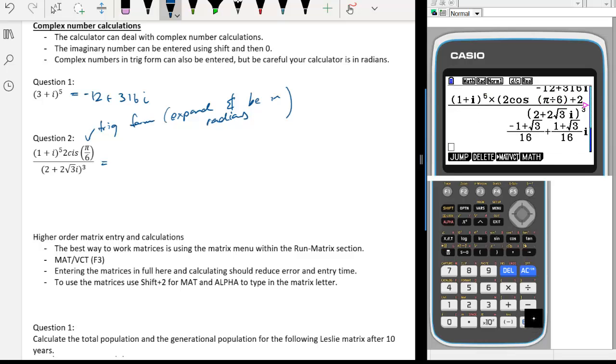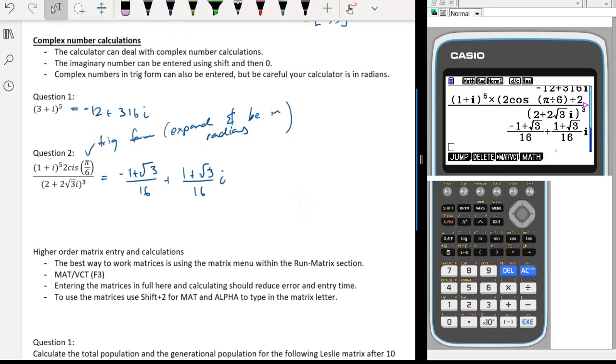So that means our solution here will be -1 plus root 3 on 16 and 1 plus root 3 on 16i. Now the unfortunate thing is this will never give you an answer in trig form. It will only give you the answer in component form, but it's still a good way for you to check.